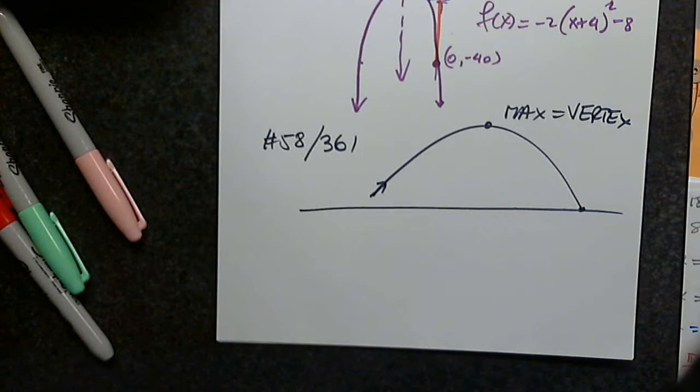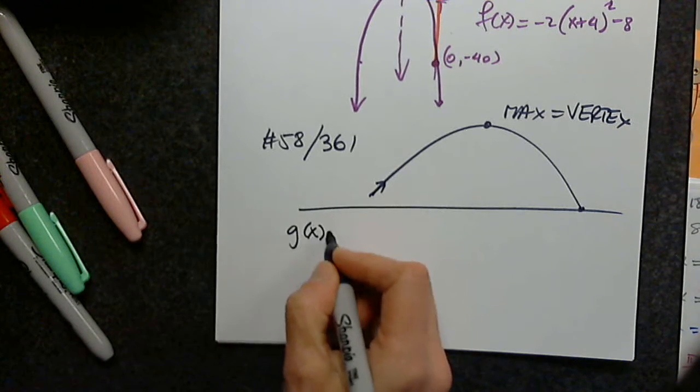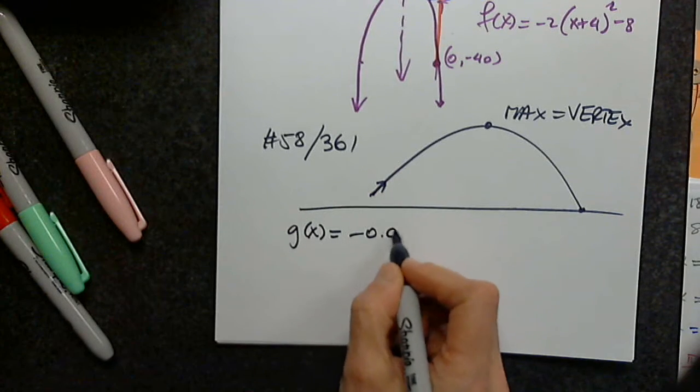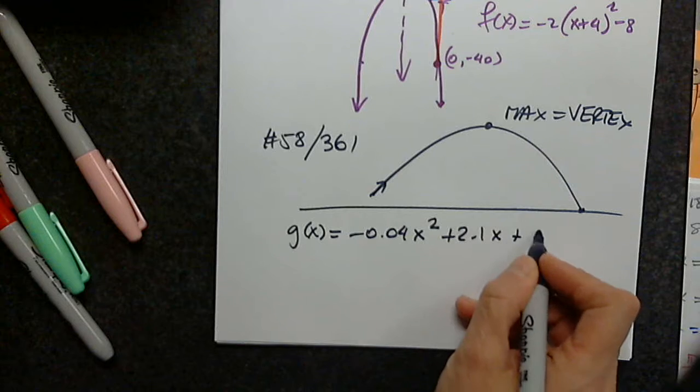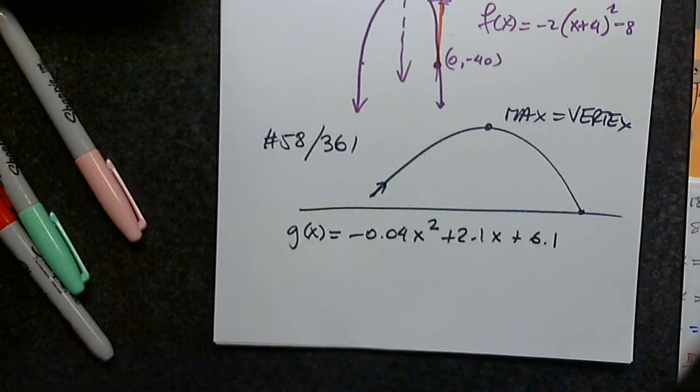Okay, so let's read this problem. We are given a function, g of x, which is negative 0.04 x squared plus 2.1x plus 6.1. I'm going to ask you a couple of questions here. Number one, does this function have a maximum? Yeah. How do I know?